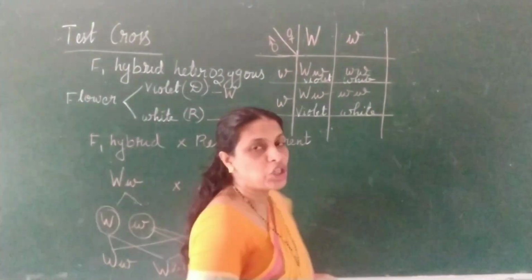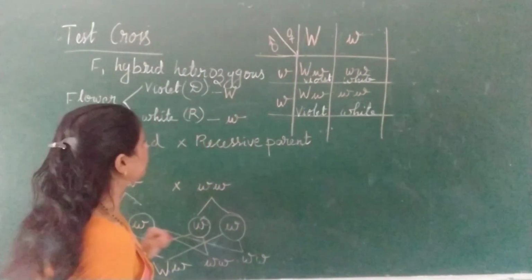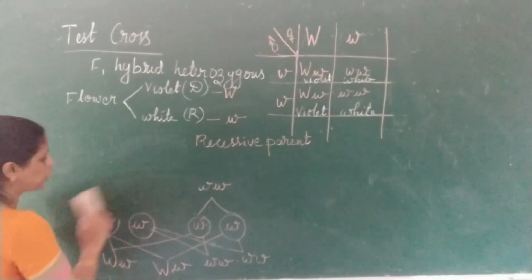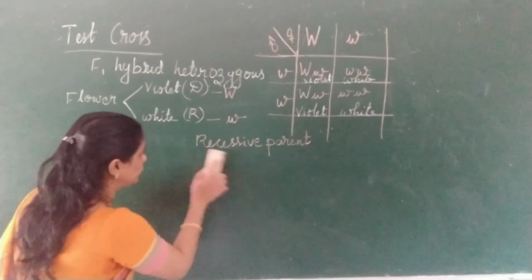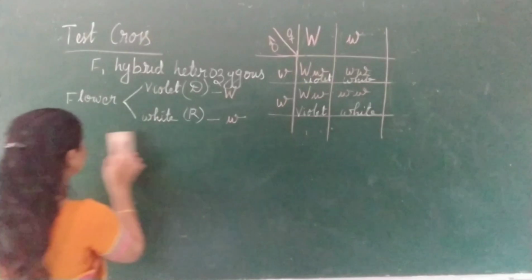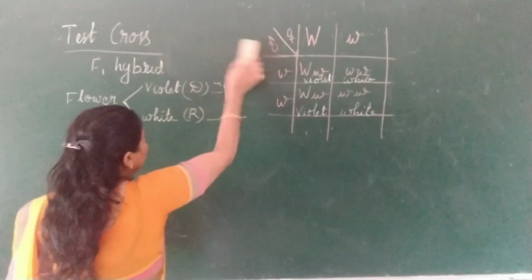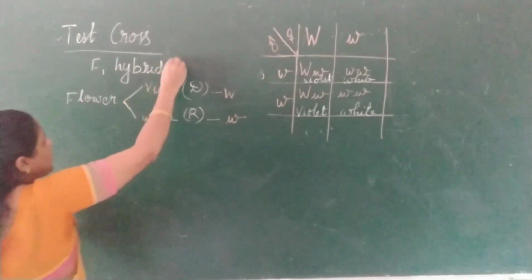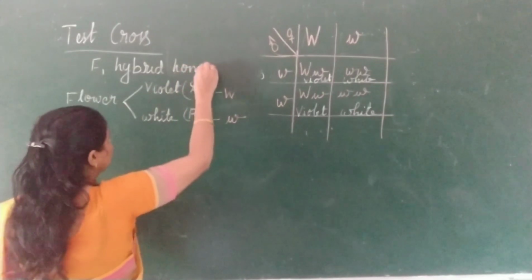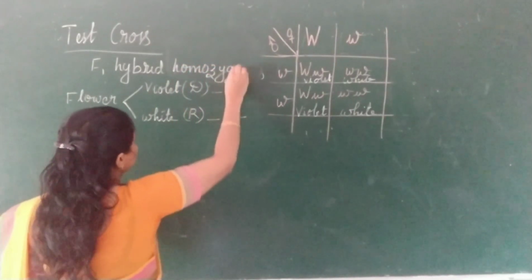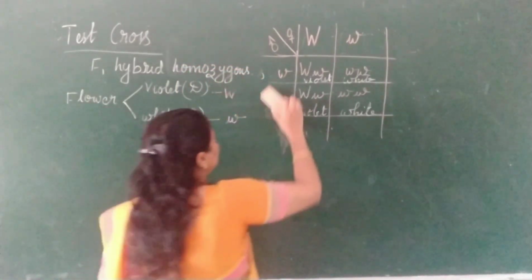Which is the other condition? Homozygous condition. So if it is homozygous condition, what happens? So homozygous, that is, if the F1 hybrid was homozygous. Same character let us take, that is violet and white only.